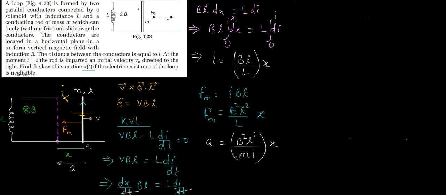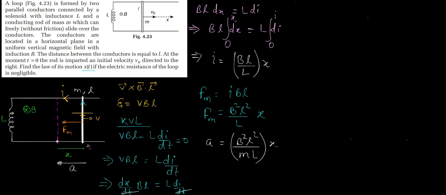So we have this acceleration as a function of x, which is nothing but the SHM equation, and we know that this coefficient is omega square, where omega is the angular frequency of simple harmonic motion. So what will the rod do? The rod will oscillate back and forth about this mean position. Initially it has velocity v0 towards the left, maximum velocity at the mean position, then the rod comes to rest momentarily, goes backward, and again to the left, oscillating back and forth like this.